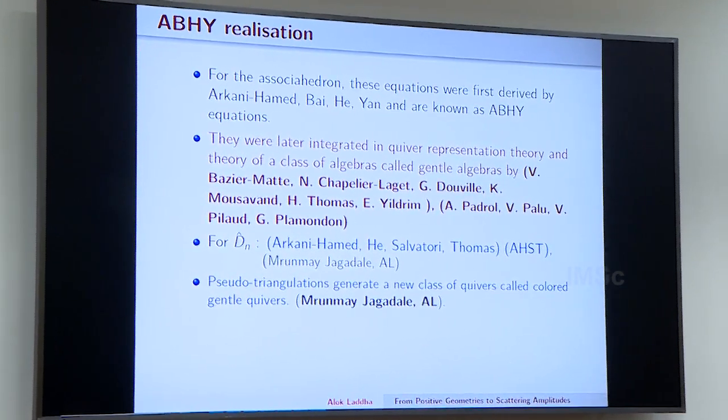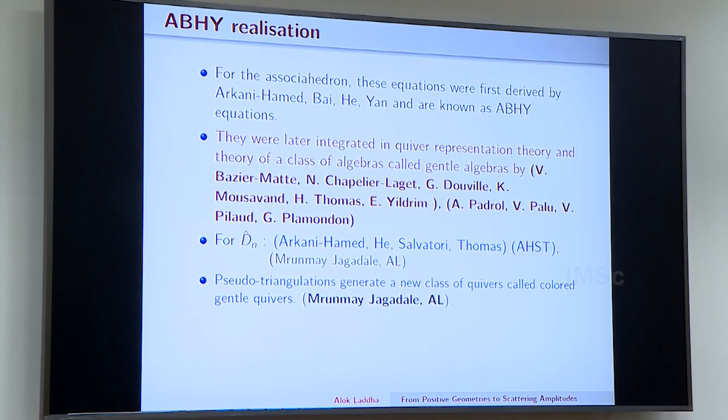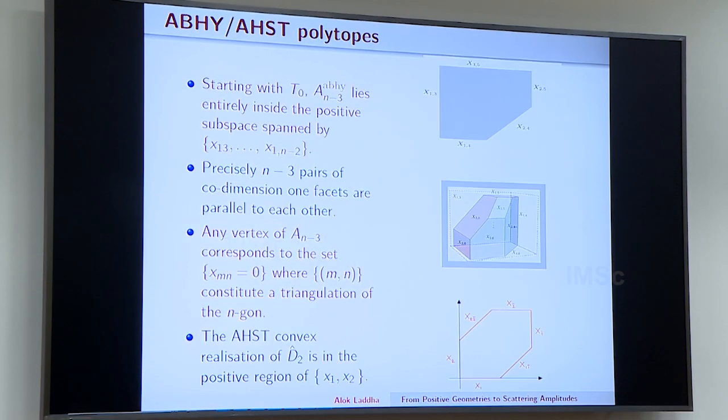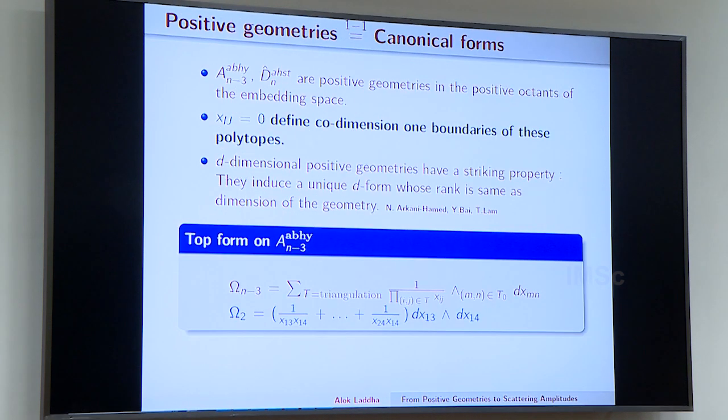When you see this superscript, it just tells you that these equations were first discovered by these authors. That's why we call them ABHY/AHST polytopes. All the associahedra are the ABHY realizations, and all the D-hat are the AHST realizations. I have given you one example of this two-dimensional D-hat 2 polytope in the lower figure.